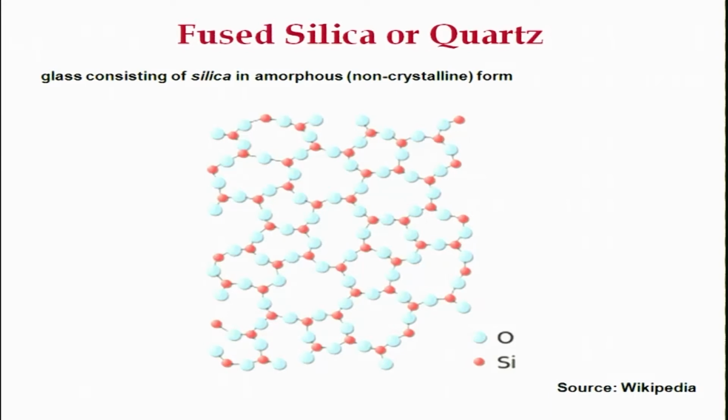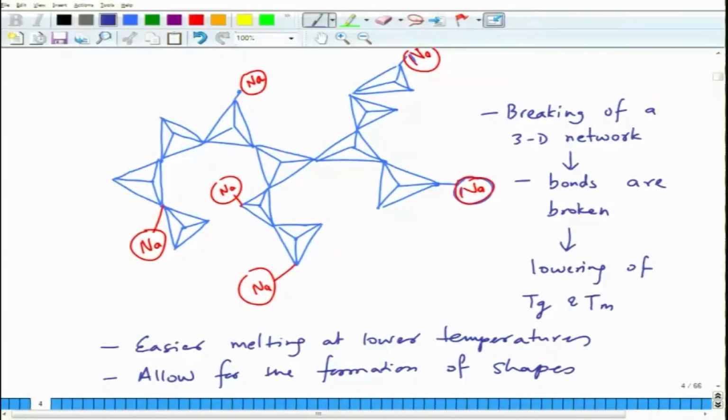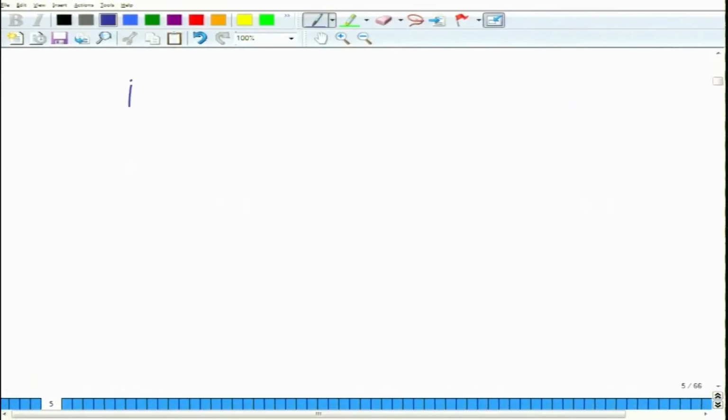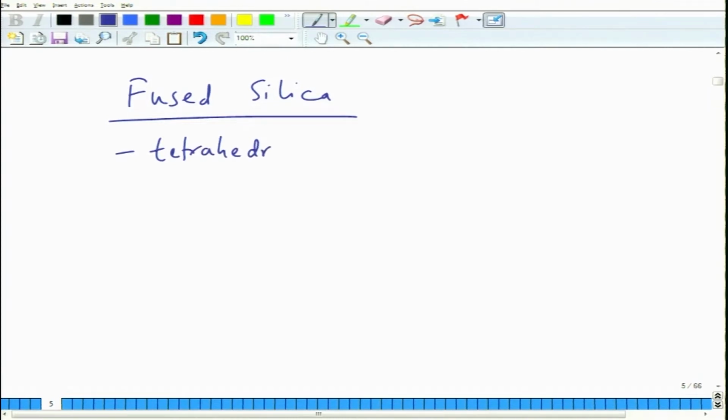So this fused silica is basically, you can say, a tetrahedral network formed in an unordered fashion.